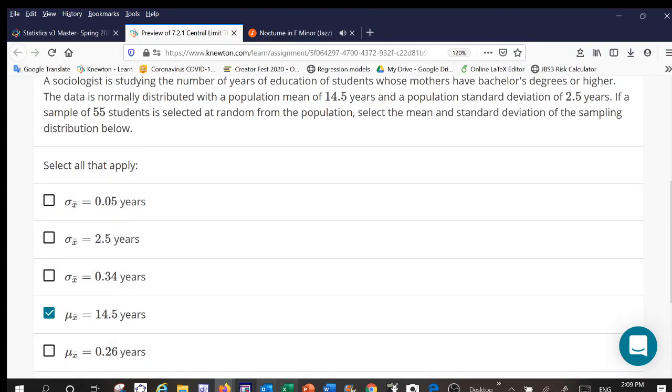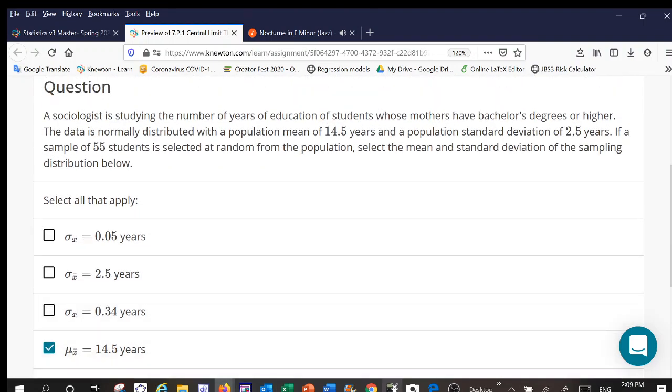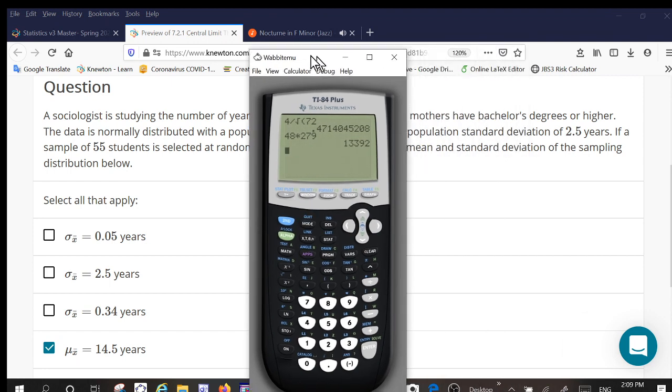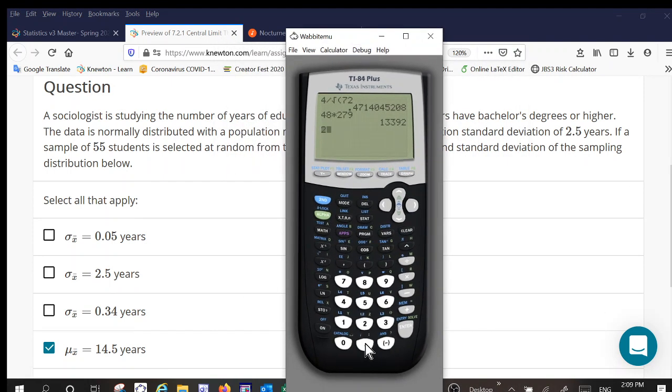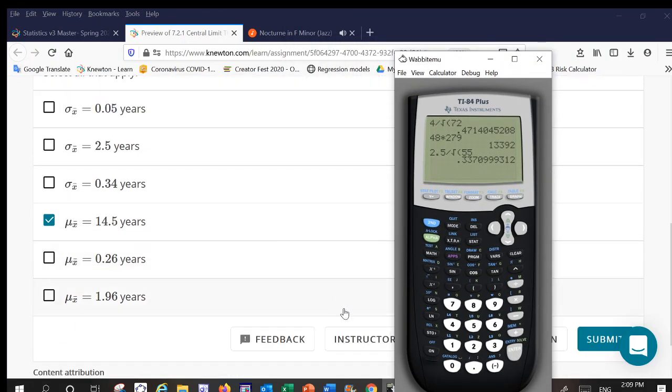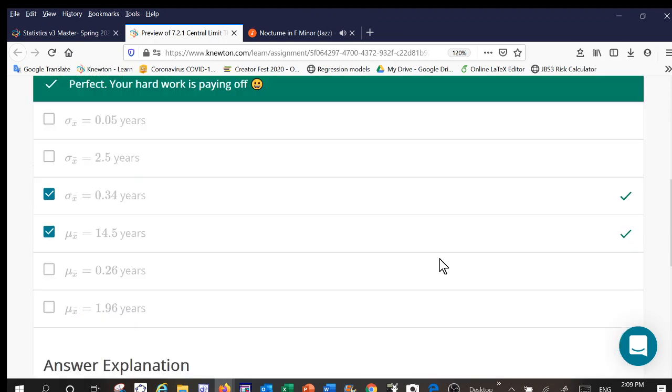Now the standard deviation has to be the standard deviation of the population, which is 2.5, divided by the square root of 55. That's 0.33 something something, 0.34. All right.